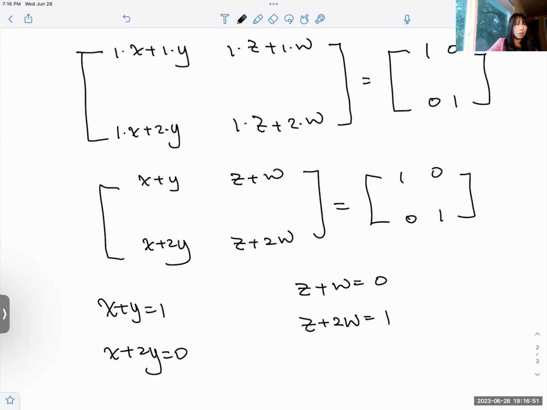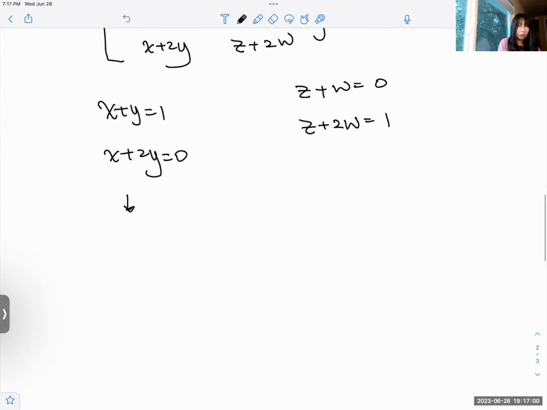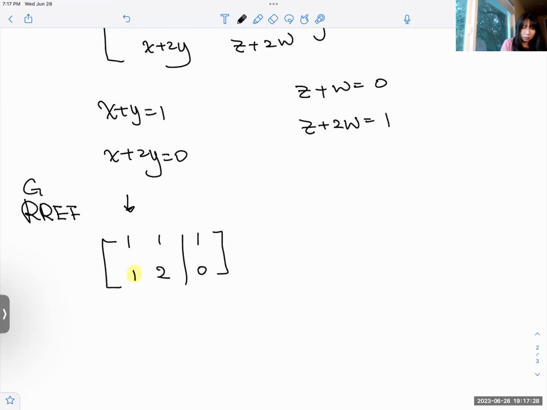Okay, now let us work this one. We can write down the augmented matrix [1, 1 | 1; 1, 2 | 0], right? We want to make 0 here. So basically, we're going to make RREF.